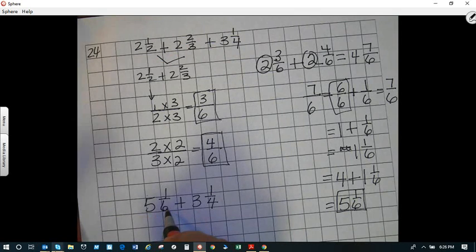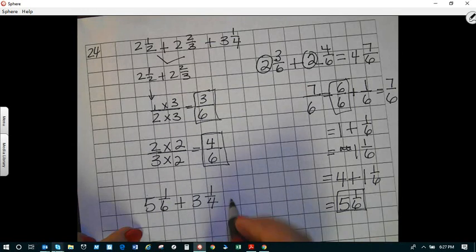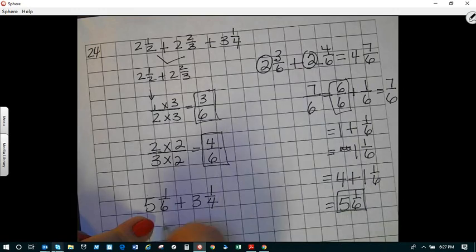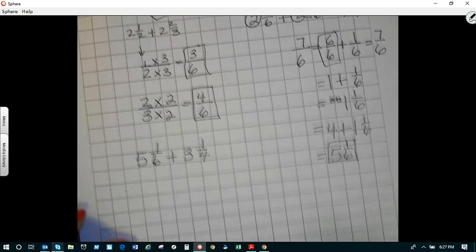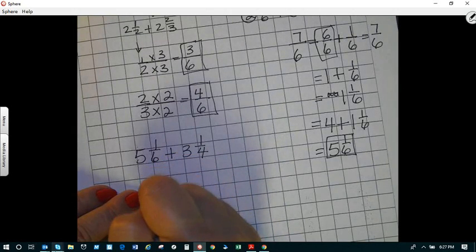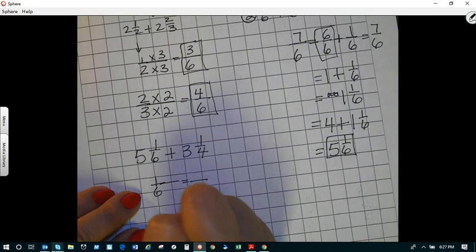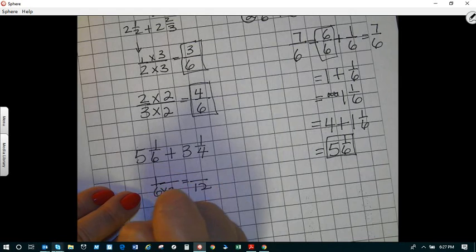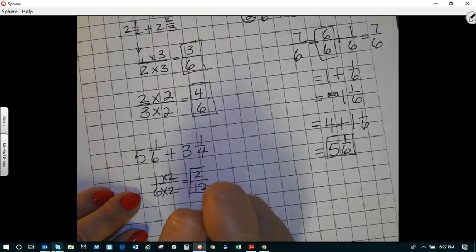So if I skip count at 6, 12, and then I can skip count 4, 8, 12. So my common denominator will be 12. So I'm going to bring this here. 1/6, extend this out, equals 12. 6 times 2 equals 12. 1 times 2 equals 2. My new equivalent fraction.